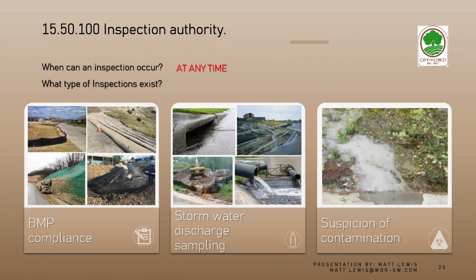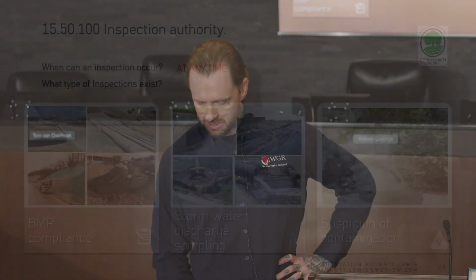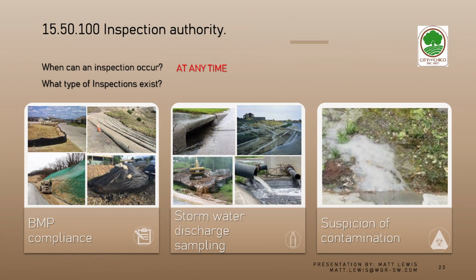All right, when can inspections occur? Now, we generally say at any time. Usually it's between business hours. I mean, no one wants to go on the weekends or outside of business hours. But what types of inspections exist? Routine inspections ensuring BMP compliance when it comes to grading, filling, clearing, grubbing, or excavating activities.